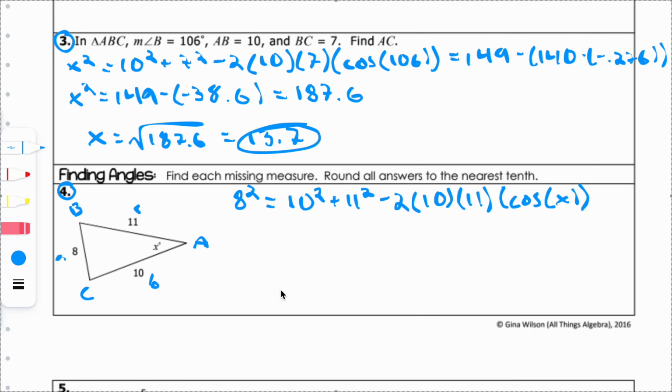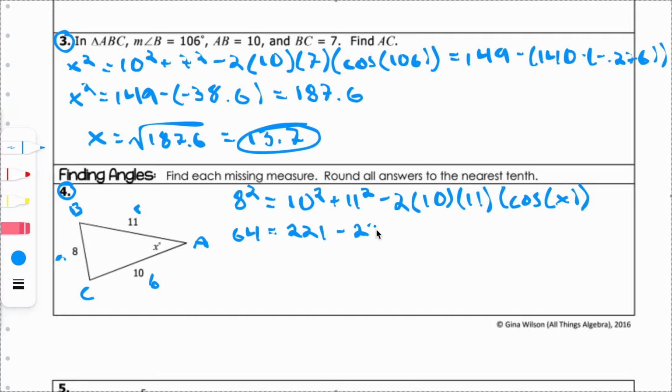So let's try to simplify this. So we have 64 equals 10 squared is 100, 11 squared is 121. So added would give us 100 plus 121 is 221 minus 2 times 10 times 11. So 2 times 11 is 22 times 10 would be 220.